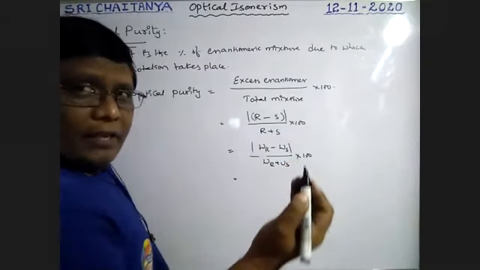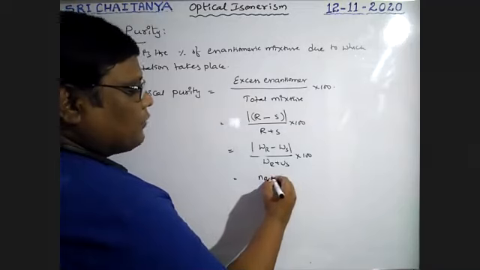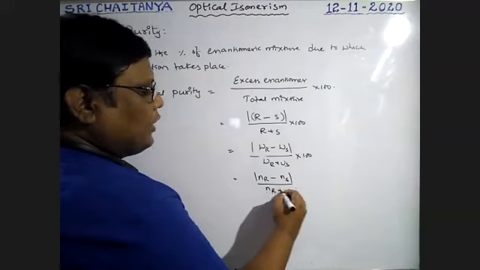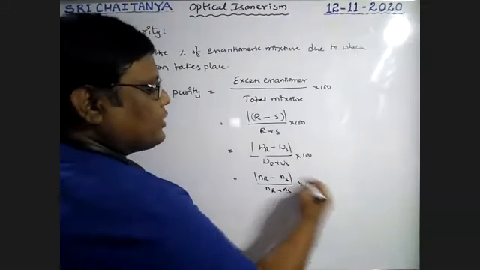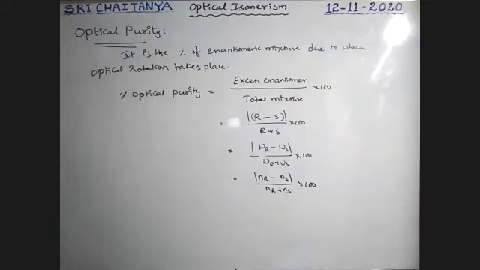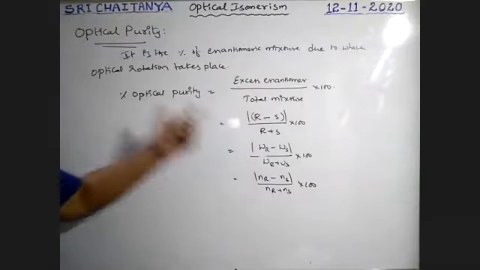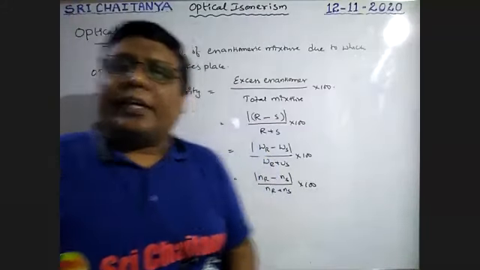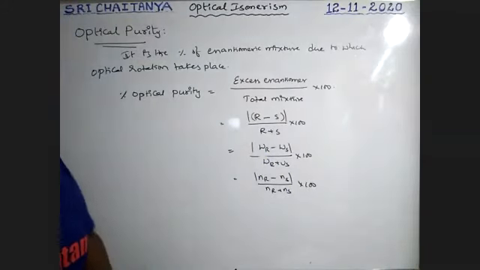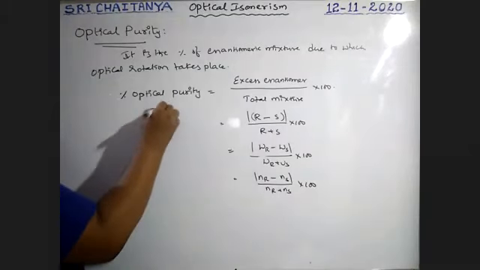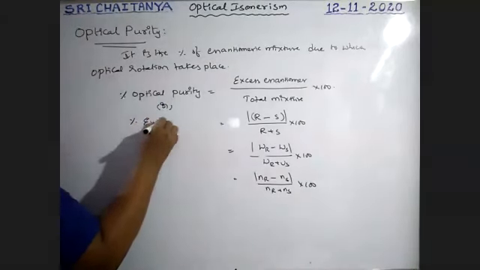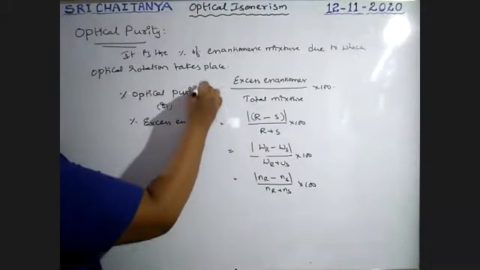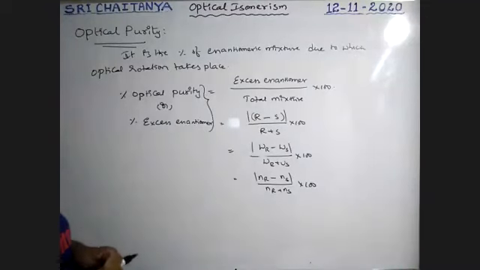If number of moles are given to you, it is modulus of number of moles of R minus number of moles of S, by number of moles of R plus number of moles of S, into 100. These are the formulae used to calculate percentage purity. That means how much of that excess is available. That is called the percentage of excess enantiomer.